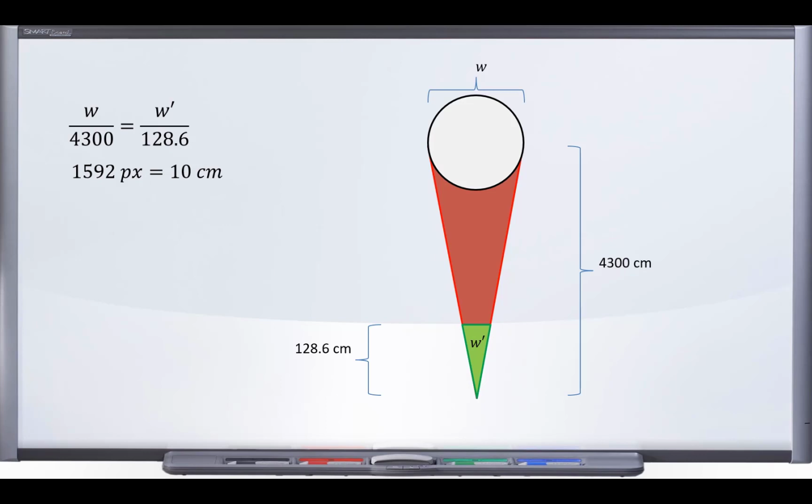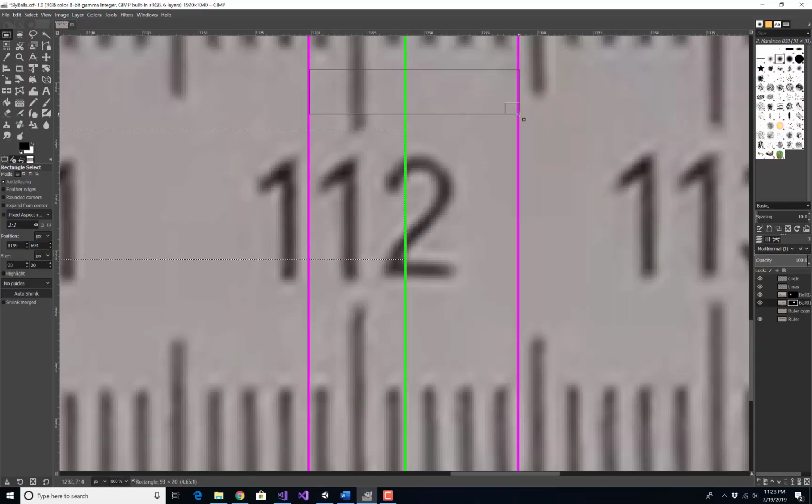From the video we had 1592 pixels is 10 centimeters from before. Let's take a look at how wide the ball is against the ruler on the video. They are 93 pixels apart.